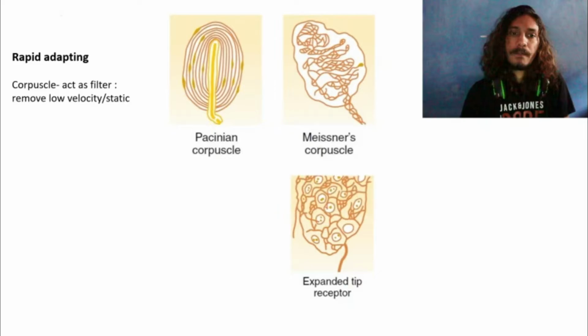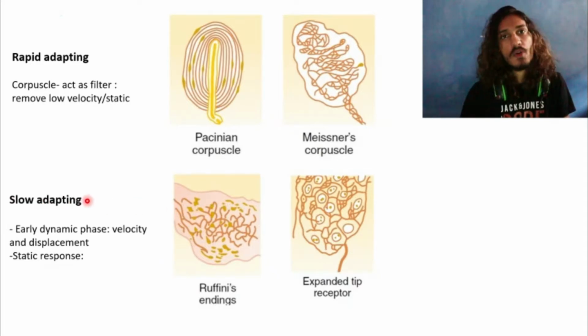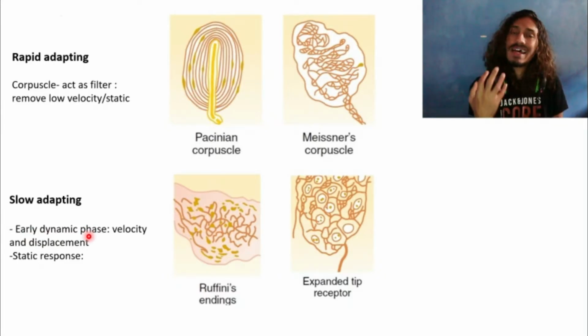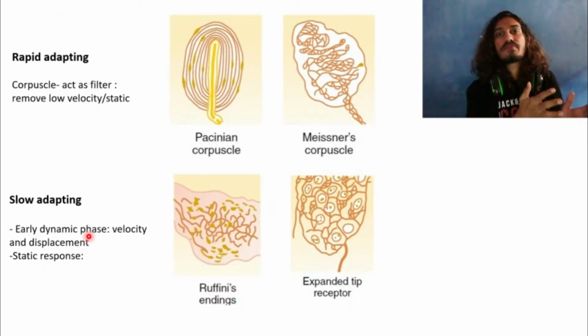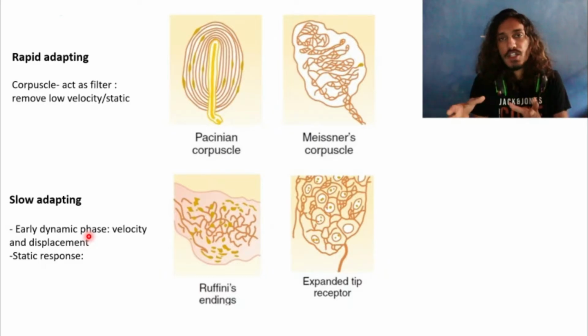Now we have the Merkel's disc, expanded tip receptor, and Ruffini's ending, which are slow adapting, and we had already seen that they have two components. One is your early dynamic phase, when there is a sudden change in displacement, and later there is a static phase. If you remember the diagram, you can appreciate that it was different.